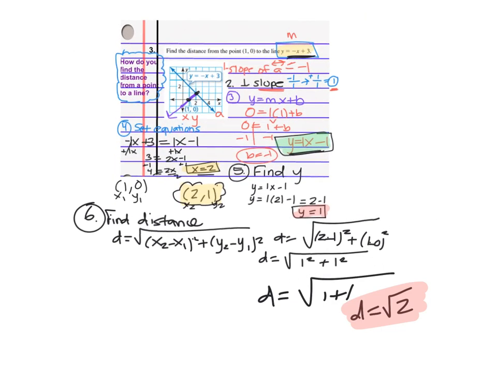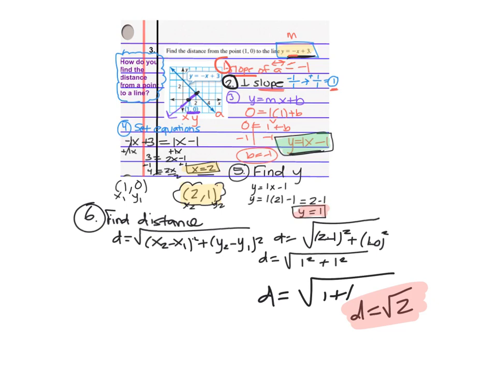Okay. So just to recap what we did: we found the slope. That was step 1. We found the slope right up here. That was given to you in the problem, -1. Step 2, we found the perpendicular slope. The perpendicular to -1 was +1. Step 3, we wrote our equation, y equals mx plus b, using this point and the slope from step 2.